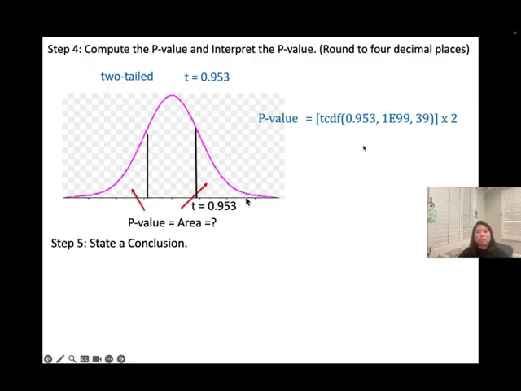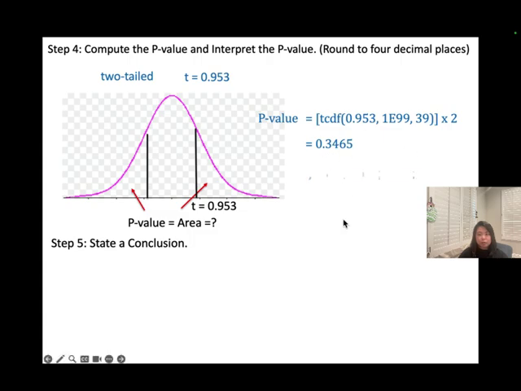Okay, use your calculator. Second VARS, find the tcdf. You're gonna get 0.3465. And then we're gonna compare with your significance level. The significance level is going to be 0.05, right?